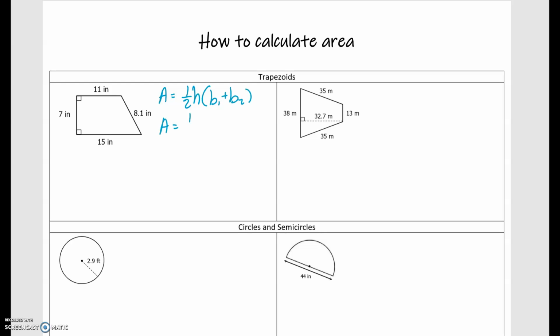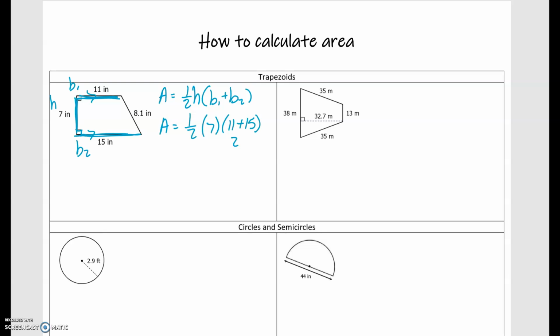Okay, so area is going to equal 1/2. Our height is always perpendicular to our base. Now the bases are special because we're looking for the parallel bases. So the two parallel bases, we have base 1 and base 2, and here's our height. So our height is 7 times base 1 plus base 2, which is 11 plus 15.